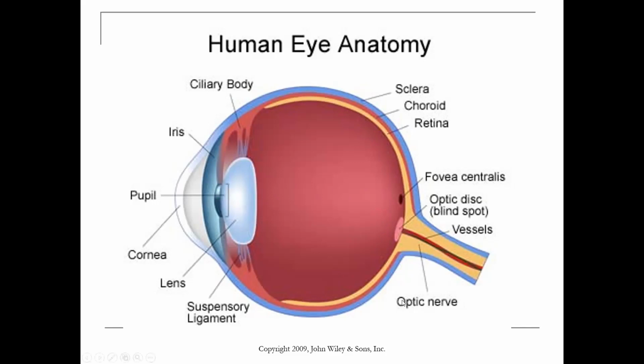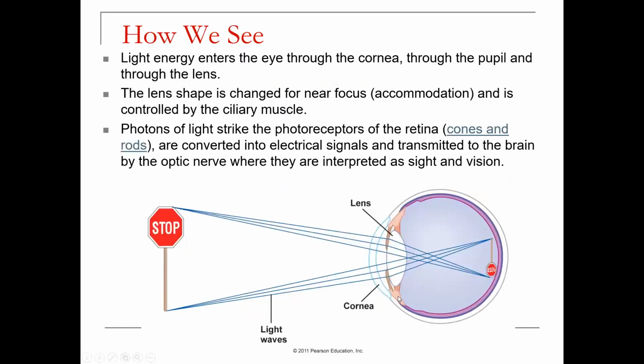So our ability to see depends on the movement of light rays coming in through the cornea and then focused by the lens onto the retina itself. Now, there are photoreceptors on the retina called rods and cones.